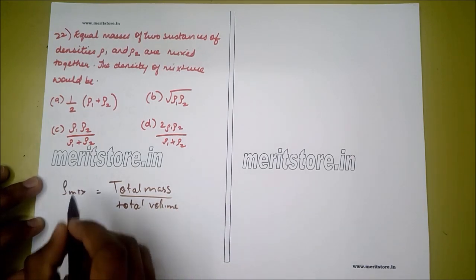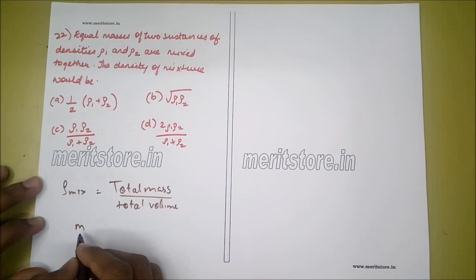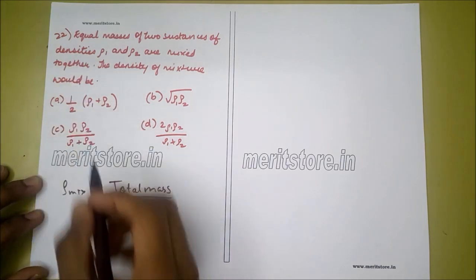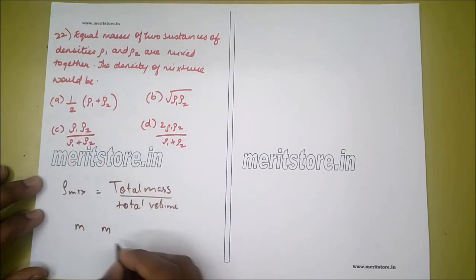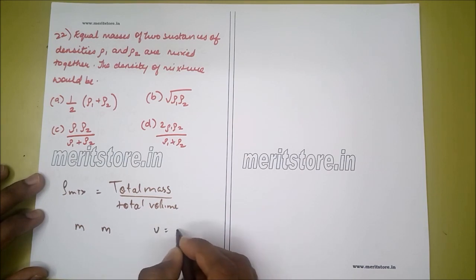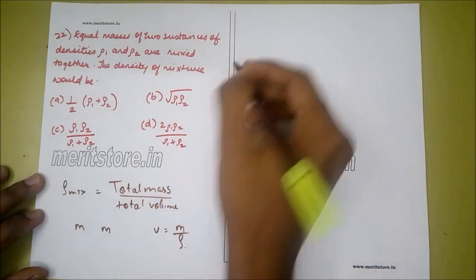So let us consider the mass of each substance as m, and since both these masses are equal, the mass of both substances will be m, and the volume is nothing but mass upon density.